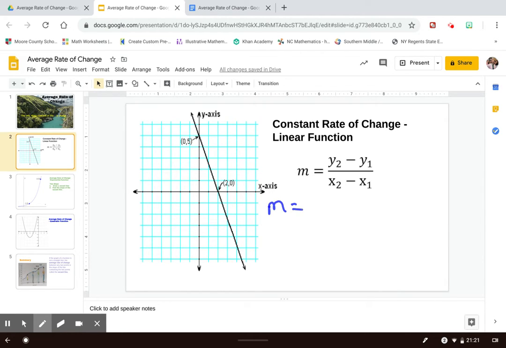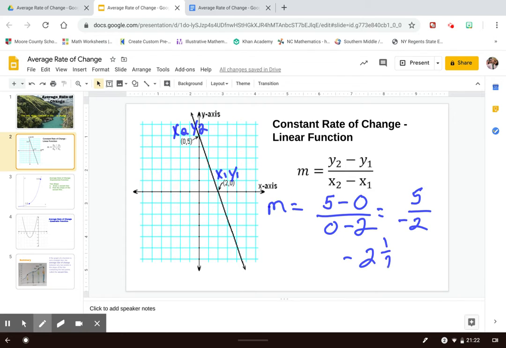If we label our points, x1 and y1 down here, and x2 and y2 up here, we take y2, which is 5, minus y1, which is 0, and divide all of that by x2, which is 0, minus 2, which is x1. That gives me 5 over negative 2, so my rate of change here is negative 2.5. That makes sense because it is a decreasing, negative sloping line. All right, so that's what we already know.